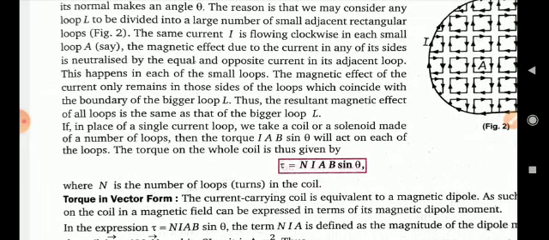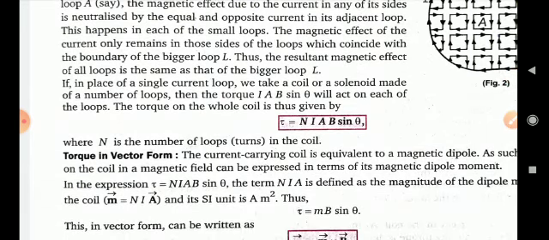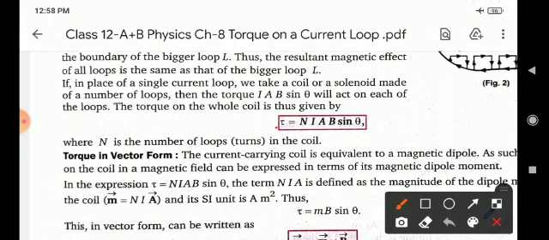The torque on the whole coil is thus given by torque equal to NIAB sin theta, where tau represents the torque, N is the number of loops, I is the current, A is the area of the rectangle, of the coil, of the circle, etc., B is the magnetic field, and theta is the angle.